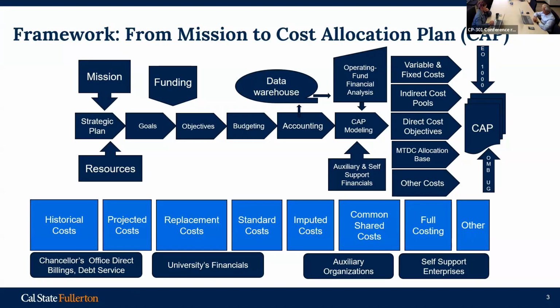Once we have that, during the process, there's a team that the president meets called the cabinet, and everybody participates. All the VPs participate in developing goals and objectives and confronting the limited resources that we have that come from tuition income and also the funding from the state. Once we have that, then departments develop budgets.